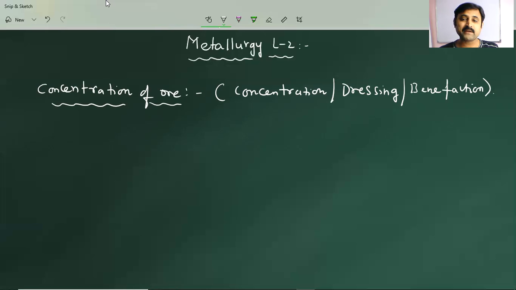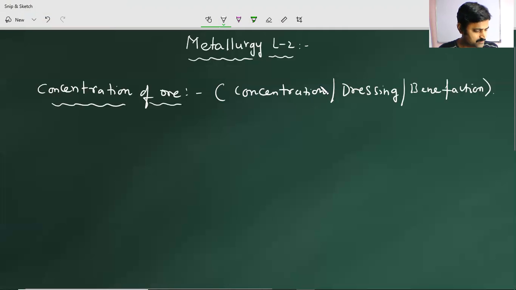If you want to extract one metal, another metal may be present as an impurity, and that is also called unwanted material. But in most cases the unwanted material is nothing but sand, clay, etc.